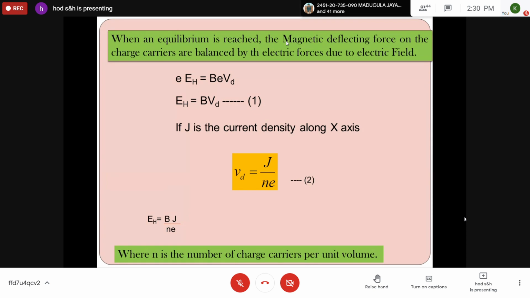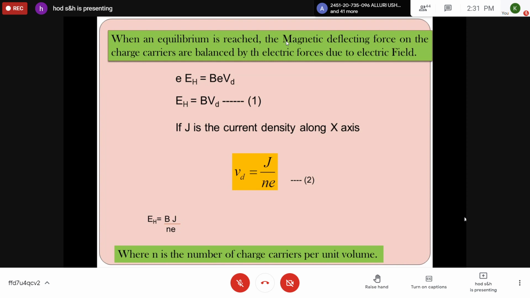Along the positive z direction, because of the electric field, the force is given by e into EH. At equilibrium, these forces are balanced. The magnetic deflecting force is balanced by the electric force. Therefore, eEH is equal to BeVD, and e gets cancelled. You can write EH is equal to B into VD, where EH is the Hall field, B is the magnetic induction field, and VD is the drift velocity, equation 1.